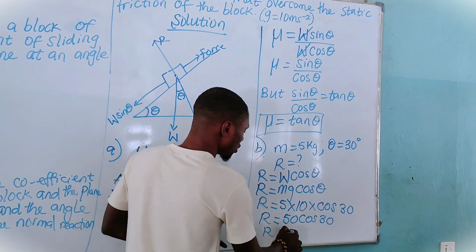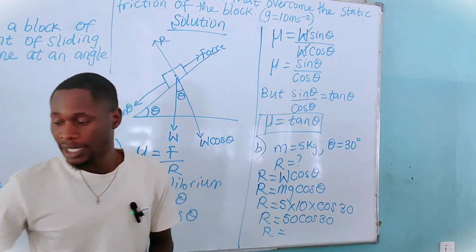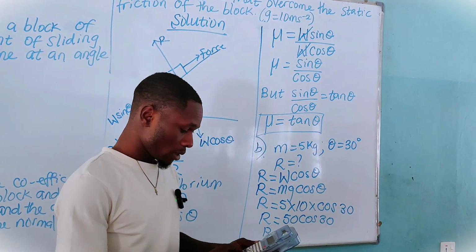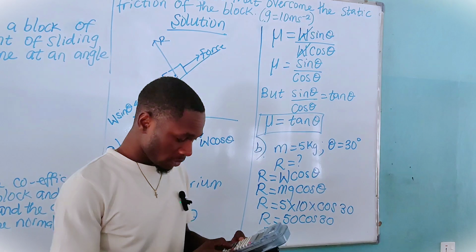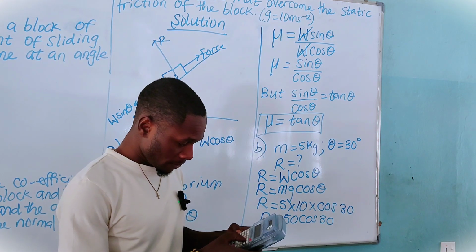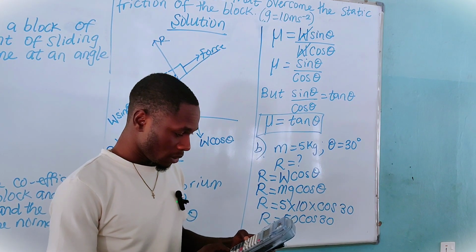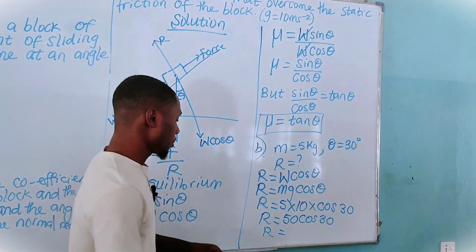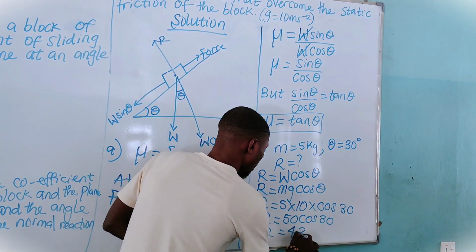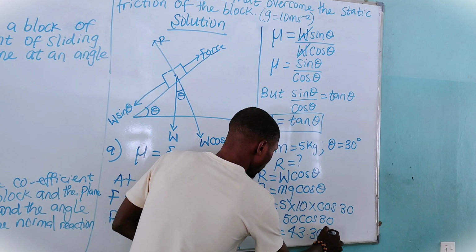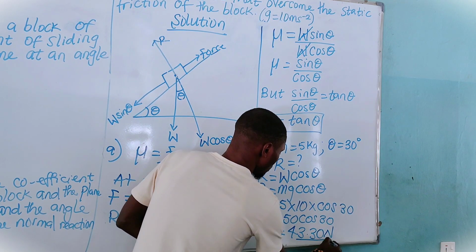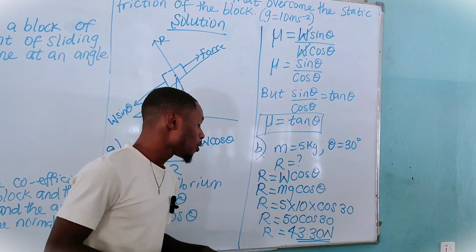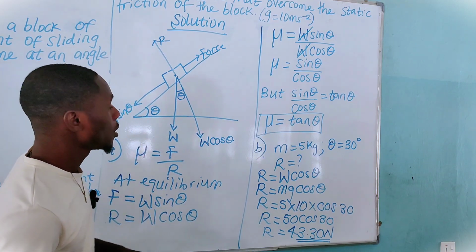So 50 times cos 30, pressing my calculator, is equal to 43.30 Newton. So that gives us the normal reaction of the plane on the wood.